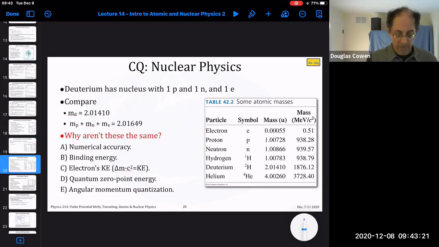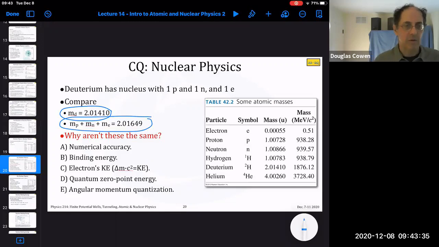If you do that comparison, what you see is that the mass of deuterium from that table is 2.01410. And if I sum up the masses of the constituent particles, I don't get the same number. So why is this? What causes this? I'm going to give you this poll so you can answer the question.